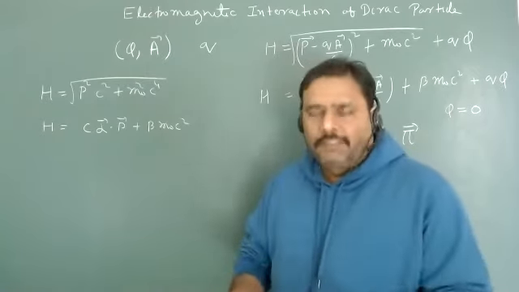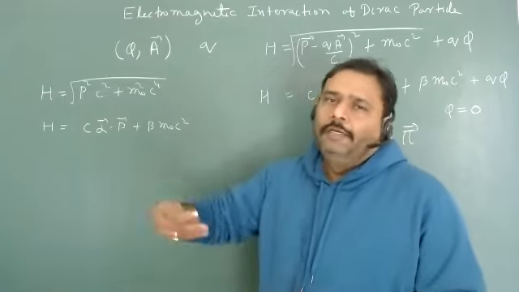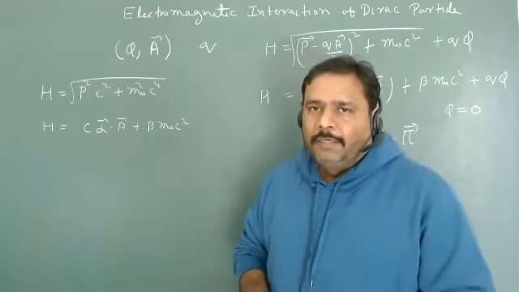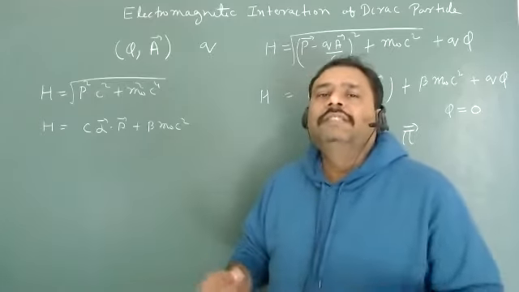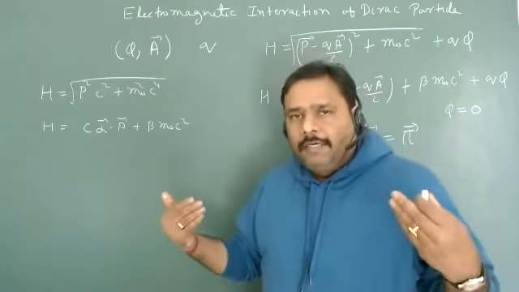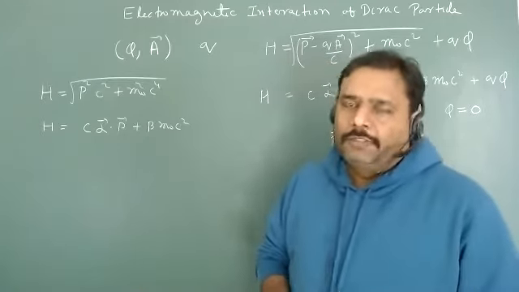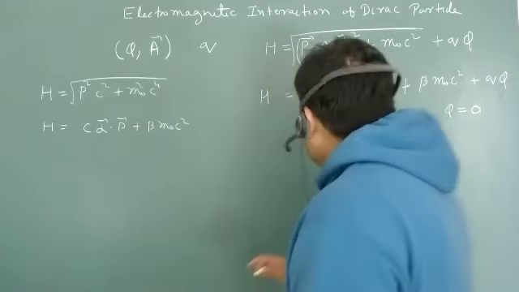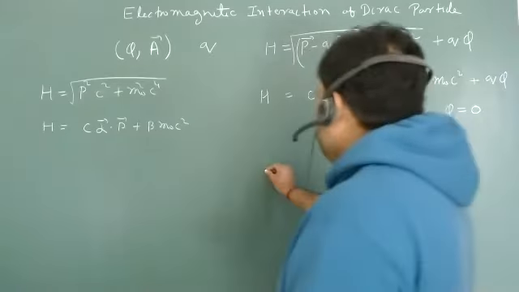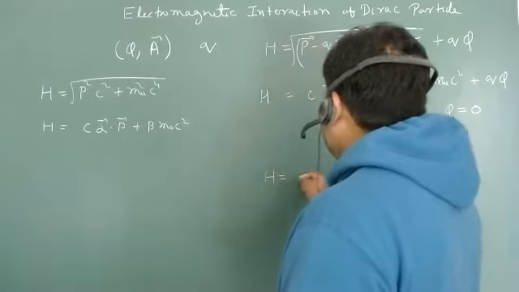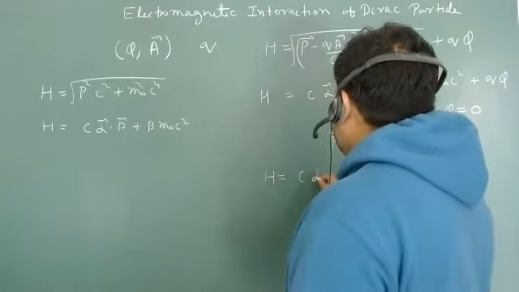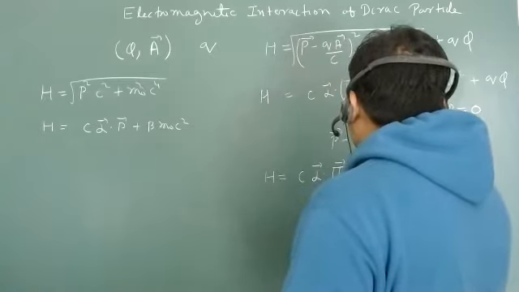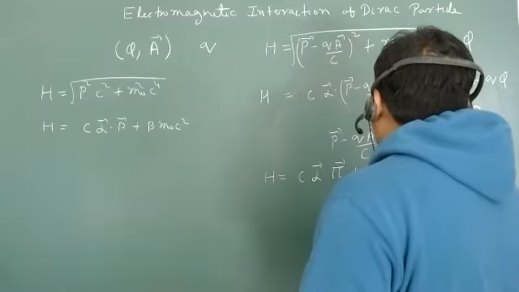This is the first assumption we are making, because once you go to a higher level, you have to make a lot of assumptions to see what the final calculation is in the ideal situation. So this is my Hamiltonian: C alpha dot pi plus beta m naught c square.